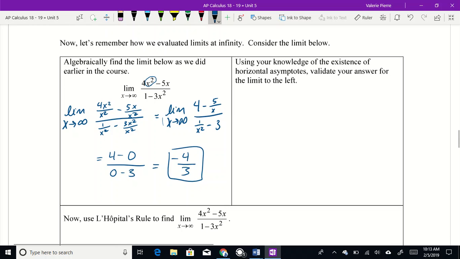So now thinking back to precalculus, our knowledge of the existence of horizontal asymptotes, we want to validate this answer.